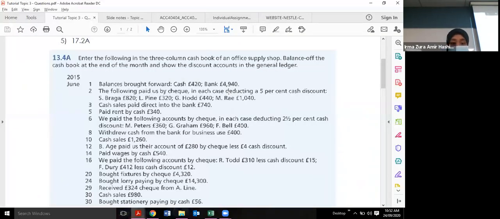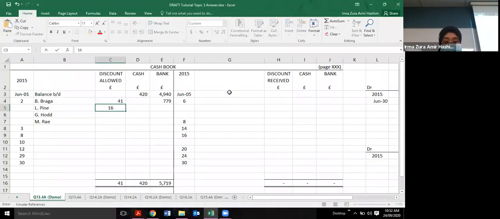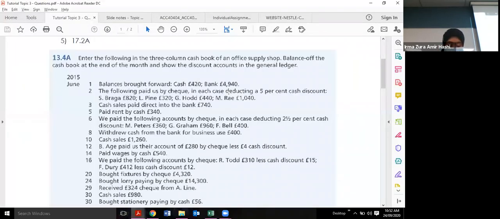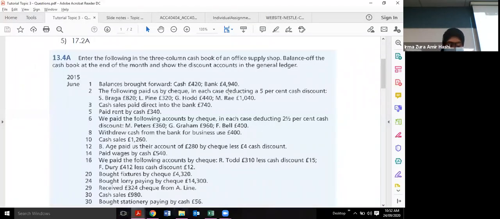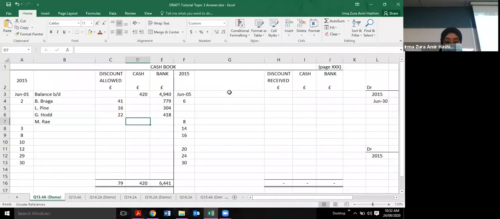And what else? Alpine. Okay. So each one of these you deduct 5%.